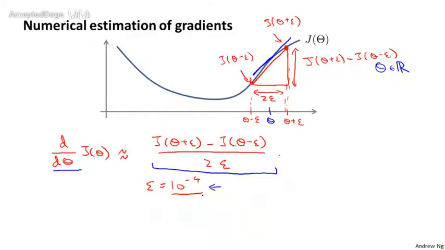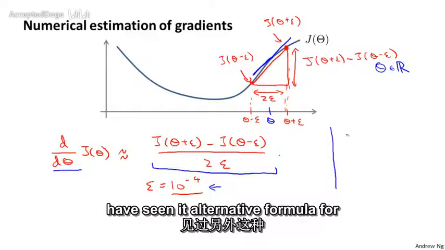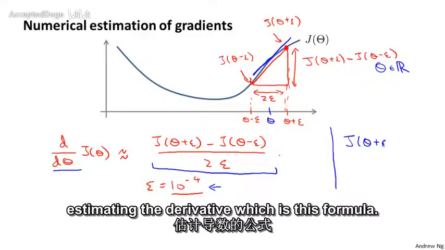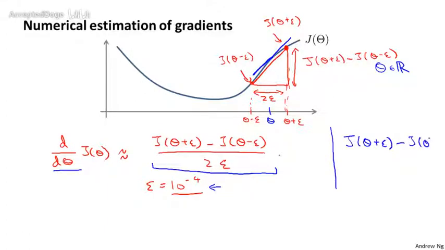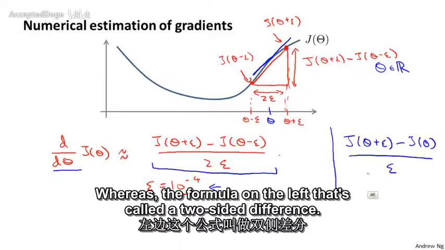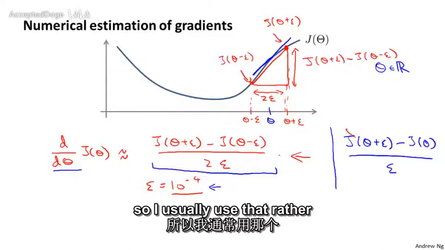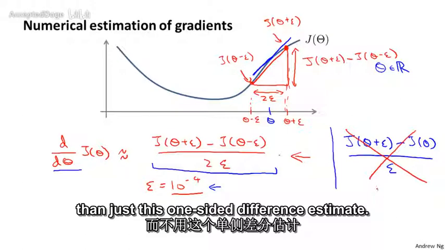So I usually use epsilon around 10 to the minus 4, say. And by the way, some of you may have seen an alternative formula for estimating the derivative, which is this formula. This one on the right is called the one-sided difference, whereas the formula on the left is called the two-sided difference. The two-sided difference gives us a slightly more accurate estimate, so I usually use that rather than this one-sided difference estimate.